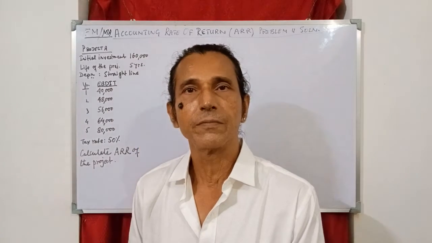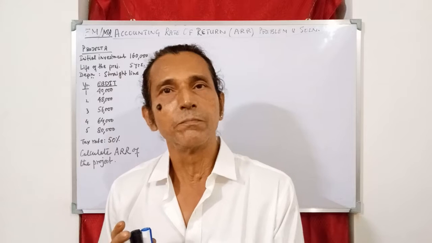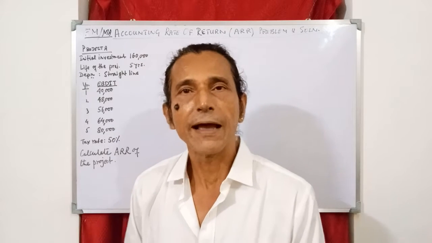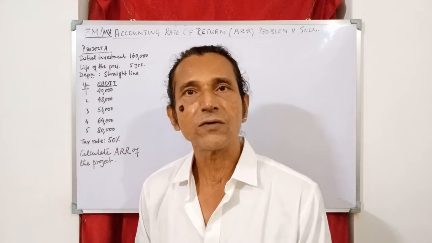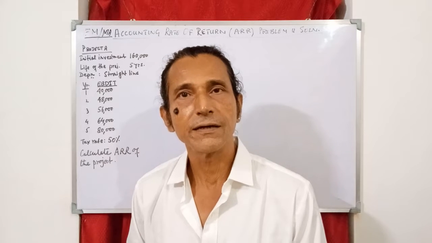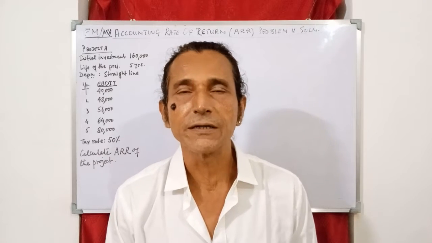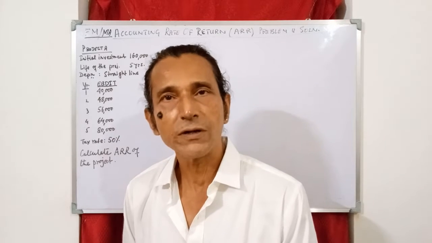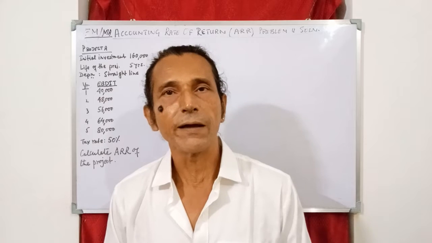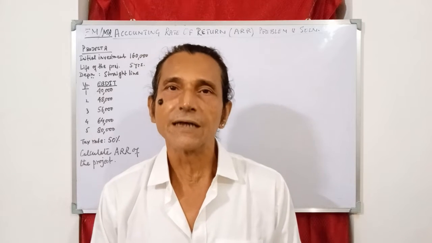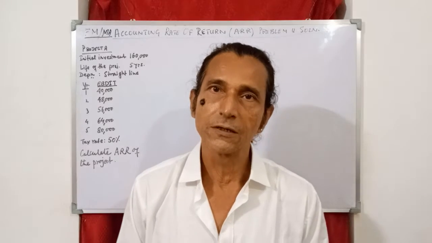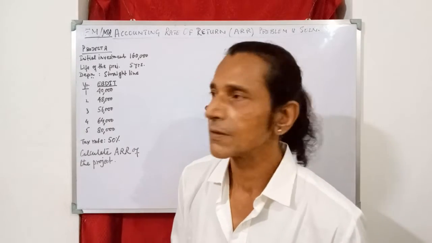We have payback period, or in short PBP, and accounting rate of return or ARR in the non-discounted cash flow category, and in the discounted cash flow category we have internal rate of return, net present value and profitability index.